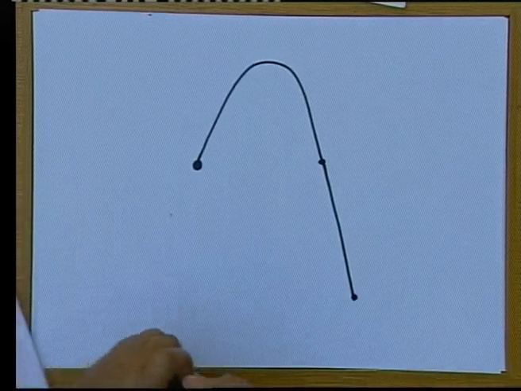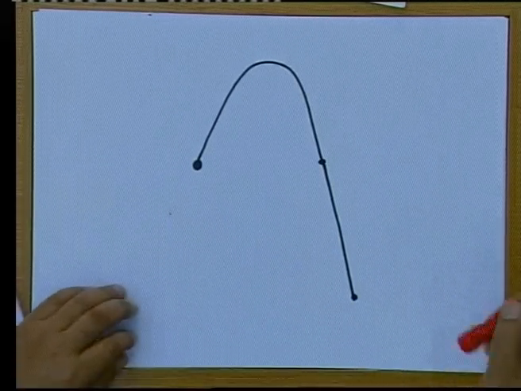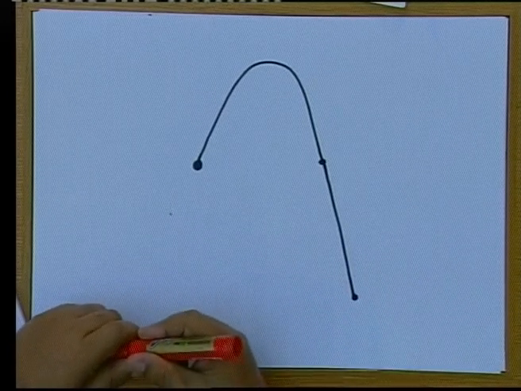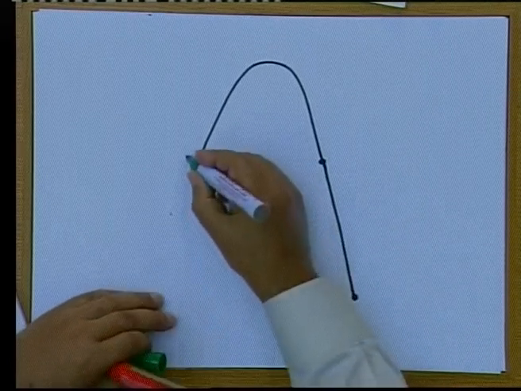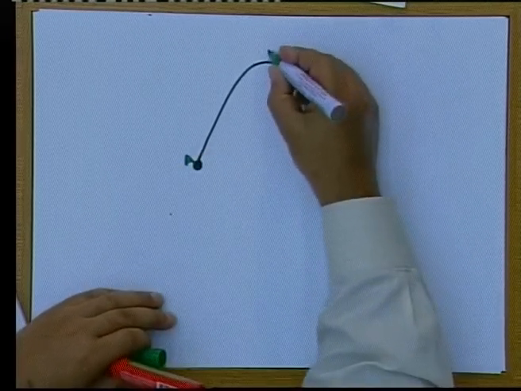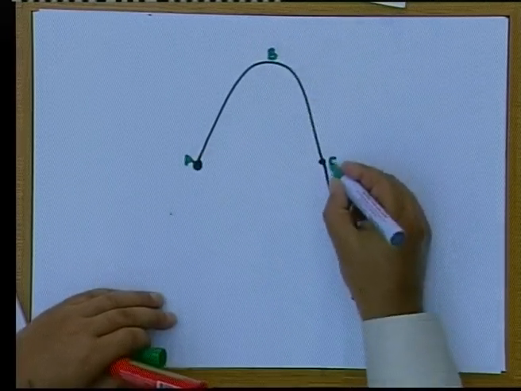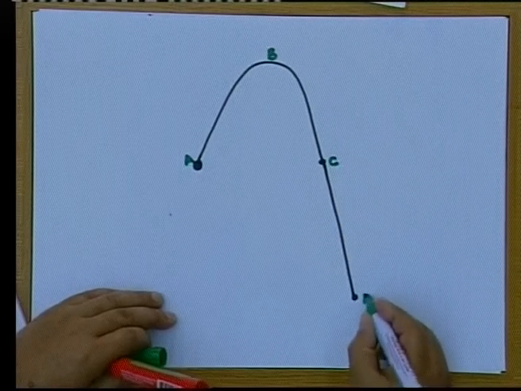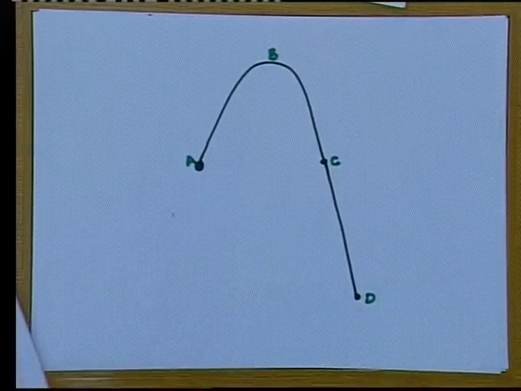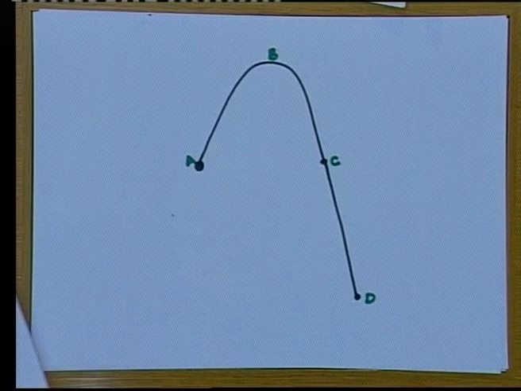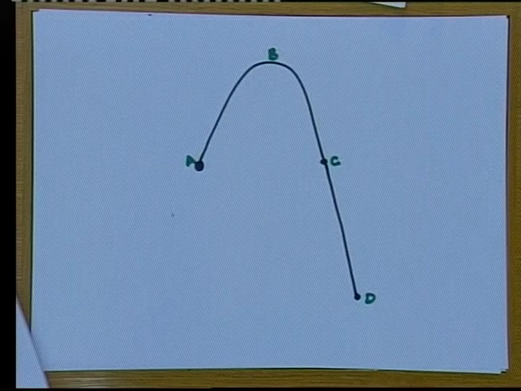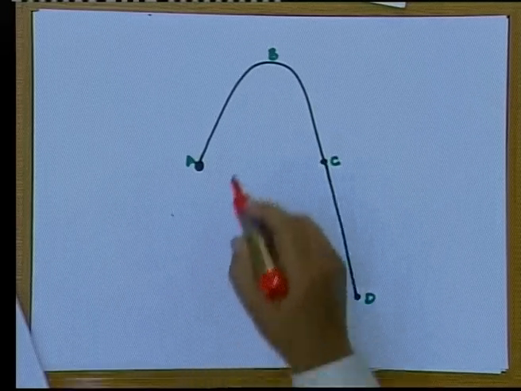So now I need to draw in my axes. Unfortunately, I don't have a ruler, but they say take position A, which I take to be this point, and that is position B, this is position C, and this is position D. They say take position A as the reference point, meaning the zero point.